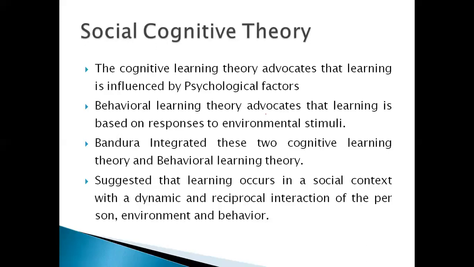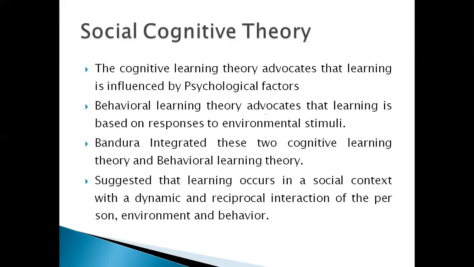Cognitive learning theory says that it is about your mind. Your mind will interpret, analyze, think, and process the information, then learning happens. In behavioral theory, like classical conditioning and operant conditioning, it's about stimulus and response, or behavior and consequences. What Albert Bandura did is integrate both.